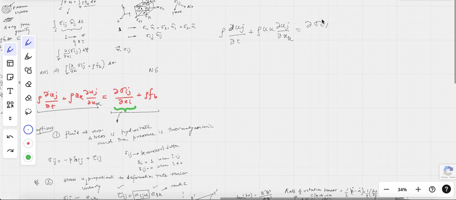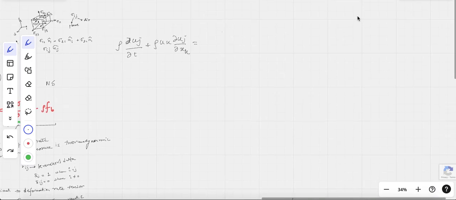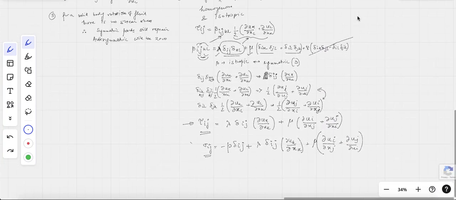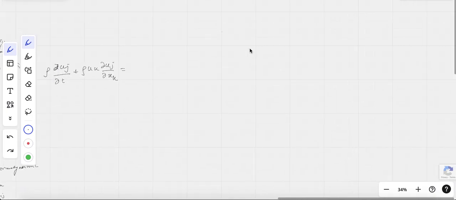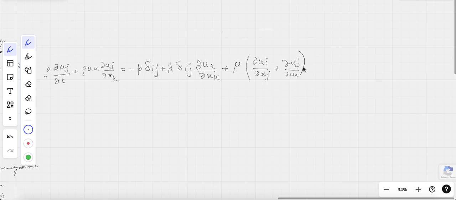I'll write the sigma from here, which is minus p delta ij plus lambda delta ij duk by dxk plus mu (dui by dxj plus duj by dxi), right?